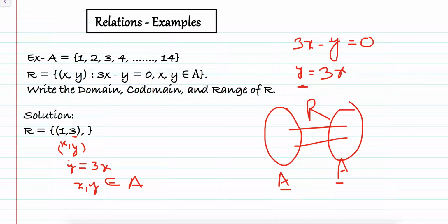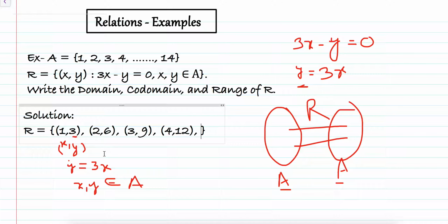So now we can directly fill in the numbers like 1, 3. The y is 3 times the first element. So for 1 it was 3, for 2 it should be 3 into 2, 6, for 3 it's 9, for 4 it's 12, for 5 it will be 15, but we have to find only numbers less than 15, so we are done with it.